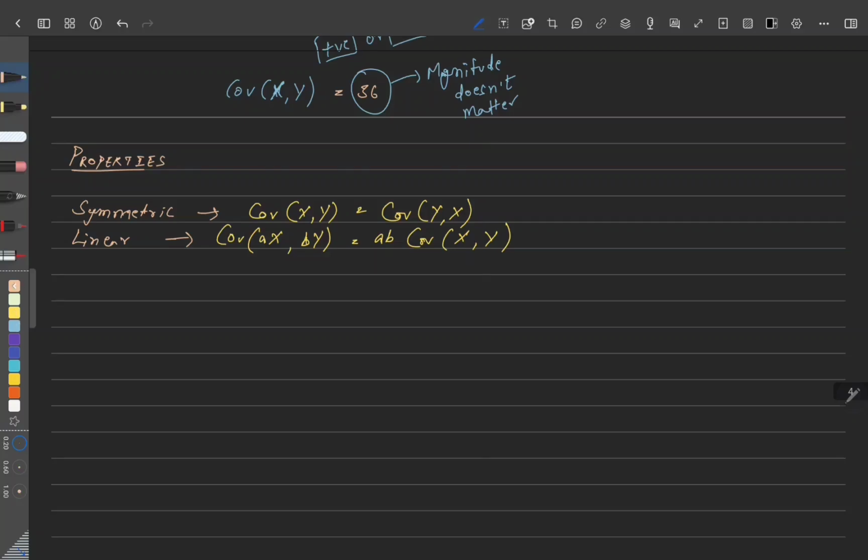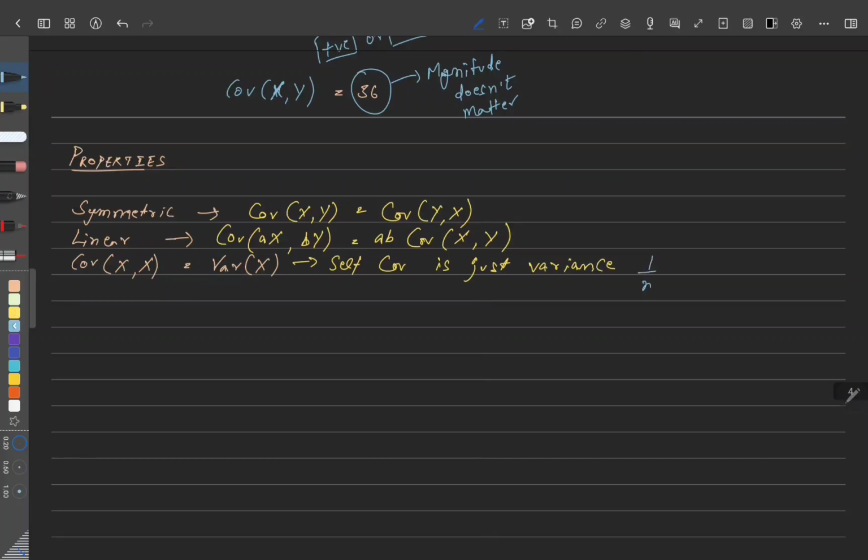And if you find the covariance of the same variable with itself, you simply get the variance of x. Because self covariance is just variance. How is this? It's very simple.